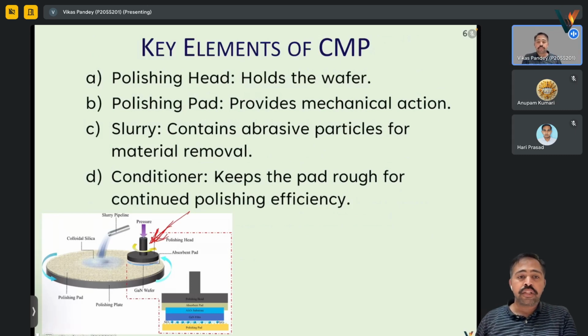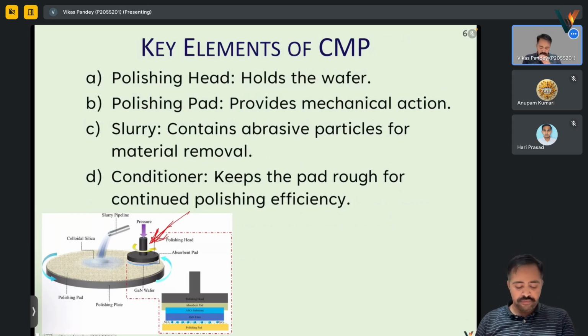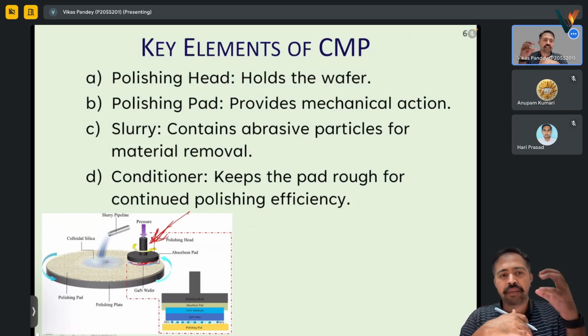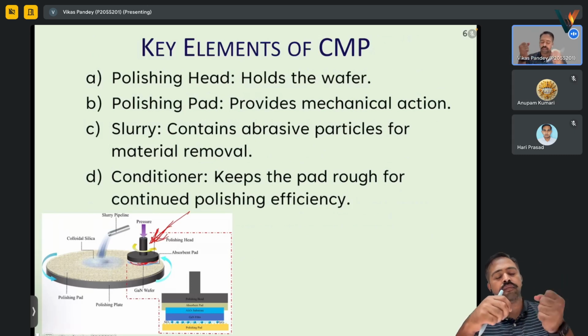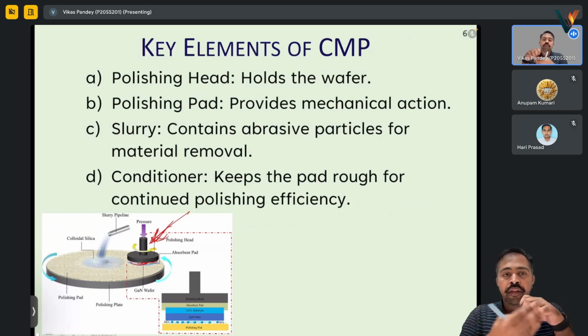Second is the polishing pad, an absorbent pad that is attached to the polishing head. The head is simply a mechanical thing, which will be motorized along with putting on pressure, and it will contain a polishing pad or adsorbent layer.